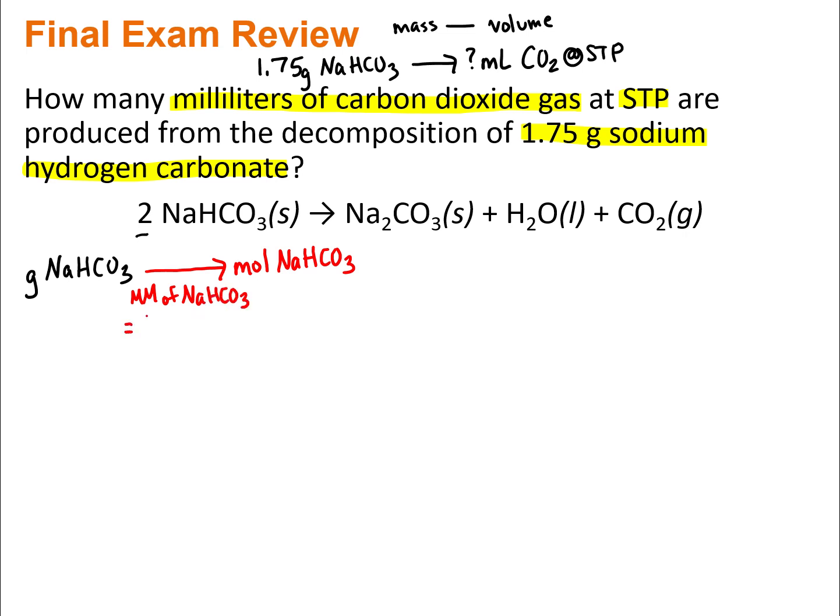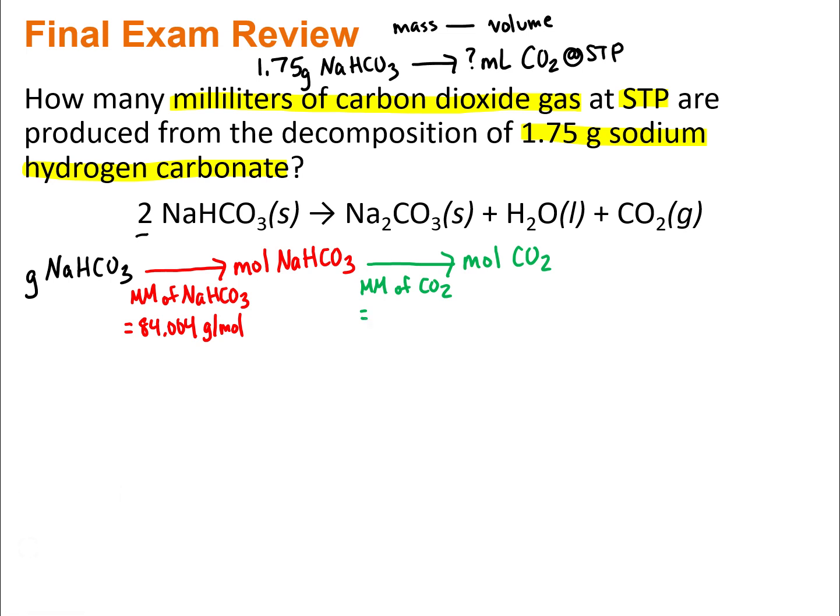I'll write the molar masses up here so that it doesn't seem like it's coming out of the blue. So that's the molar mass for sodium hydrogen carbonate. We need to get to moles of carbon dioxide. Why am I writing molar mass?